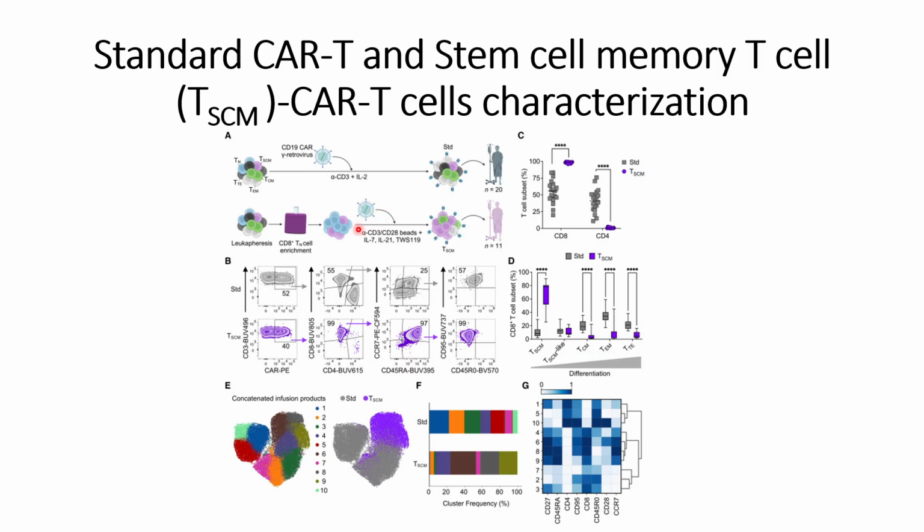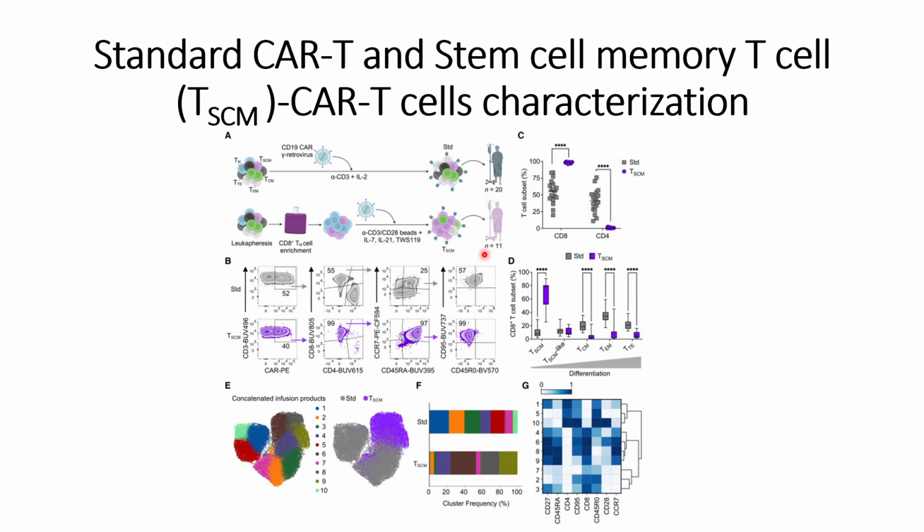Along with that, for the activation of the naïve CD8 plus T cells towards stem cell memory T cells, they used anti-CD3 and anti-CD28 beads. To prevent undesired differentiation, they also used IL-7, IL-21 and TWS119. From that they get a population which mainly contains stem cell memory T cells, and they used this CAR-T cell population on 11 different patients.